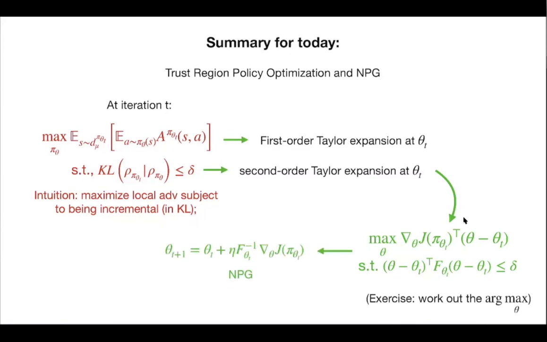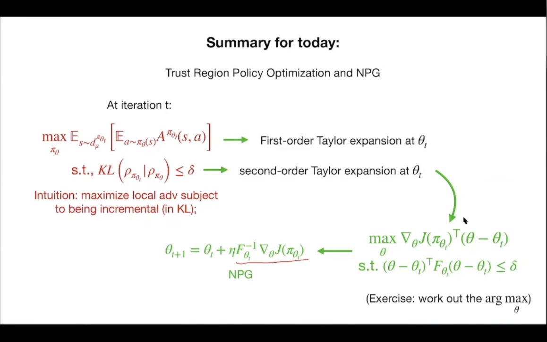Right? And after we do this optimization, we get to this very nice formulation, which is called the natural policy gradient. Right? So this is the natural gradient. So natural gradient is actually a thing. If you Google natural gradient, you will actually see similar expression where you have a gradient and you precondition the gradient by the inverse of the Fisher information matrix. Right?